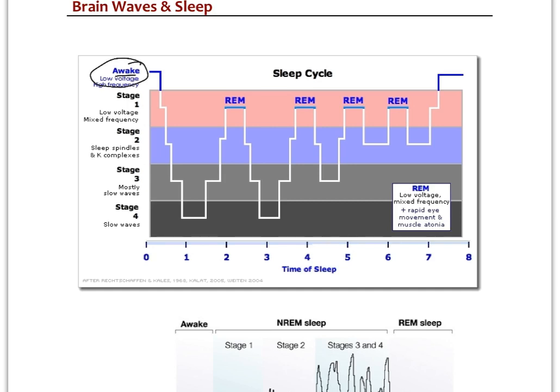Then as we relax, we start to go down into what's called stage 1 and stage 2 sleep. There are very specific characteristic changes you can see on the EEG called sleep spindles and K complexes. I won't go into those here. But you're getting down into alpha rhythms, and then sinking down into theta rhythms and delta rhythms.